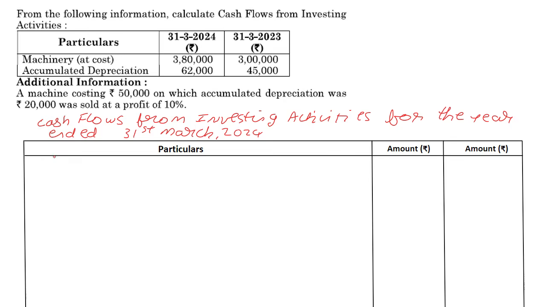We need to find out how much goes where. And for that, we can begin by making a machinery at cost account and an accumulated depreciation account.